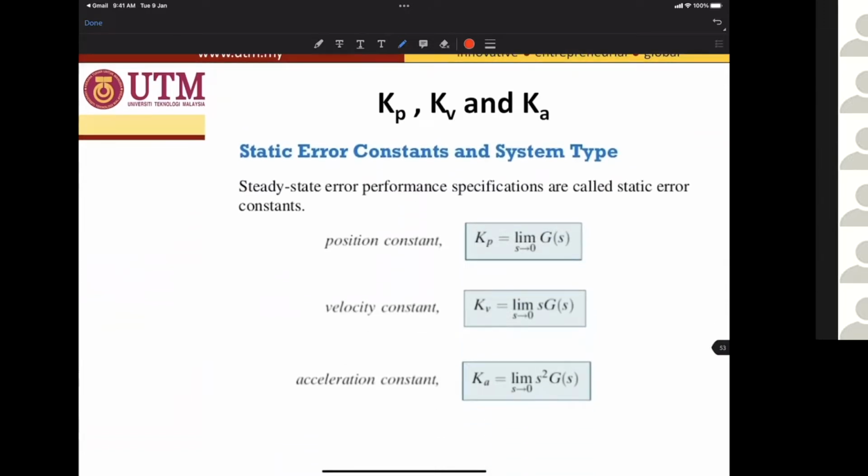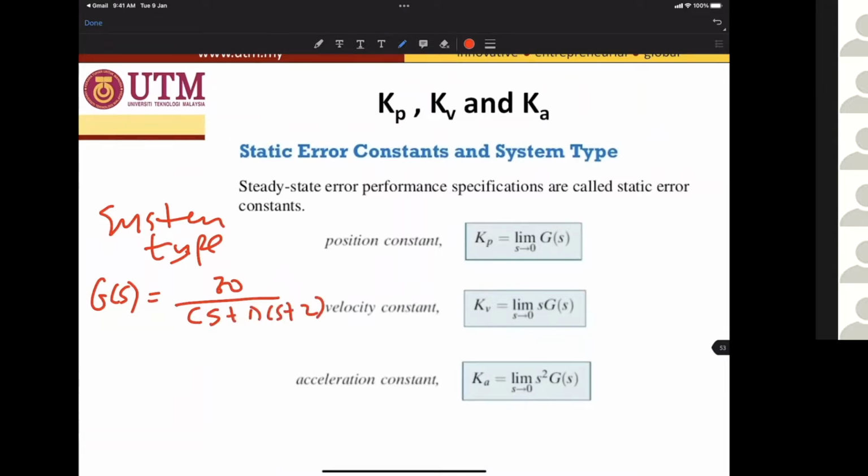System type ni, kalau masih ada pelajar yang tak tahu, dia adalah tengok pada open loop transfer function. 30 over S plus 1 S plus 2, ini kita panggil type 0, sebab dia punya ni S kosong, S kosong tu 1. So system type 0.